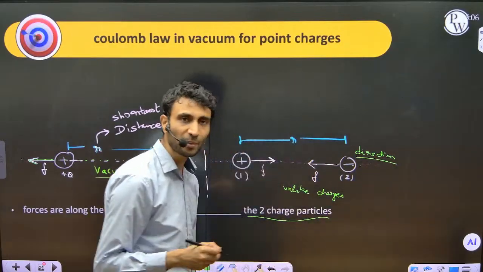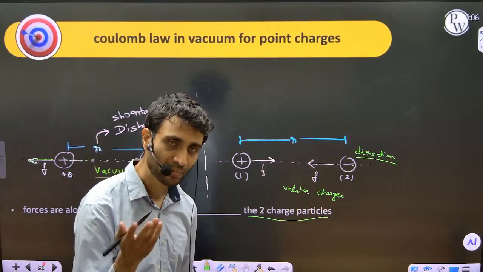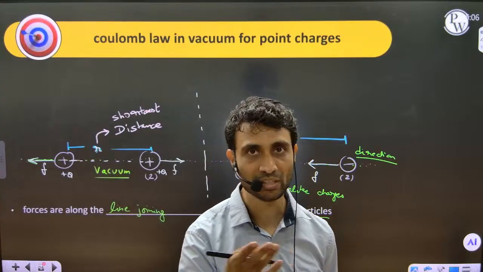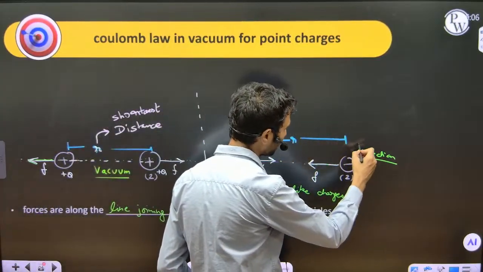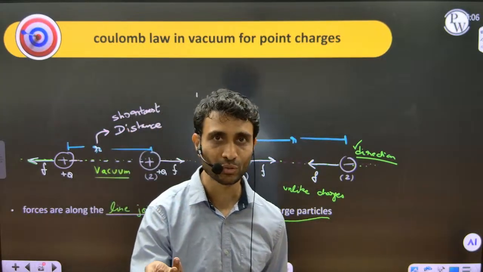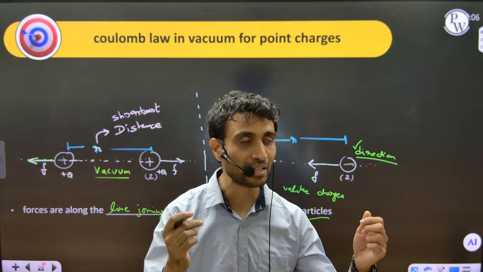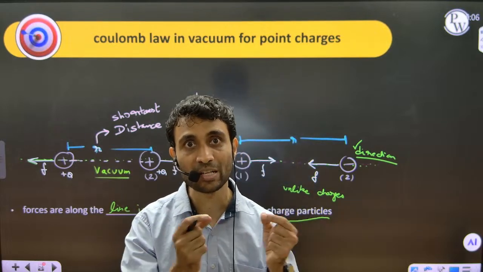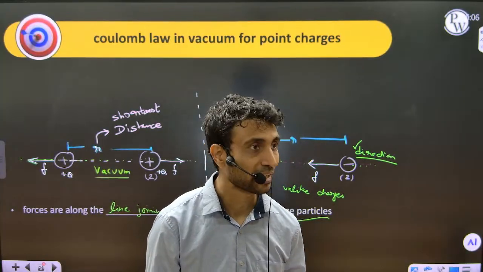After direction, what am I going to talk about? I'm going to talk about magnitude, and that's precisely what we're doing on the next page. Once I've spoken about both the direction and the magnitude, I would have spoken about force in totality. These electrical forces, these attractive and repulsive forces called electrostatic forces, have what magnitude, what direction?